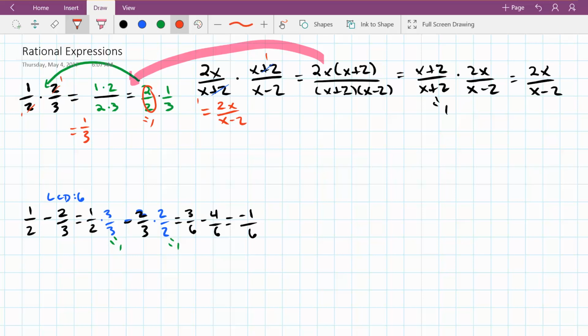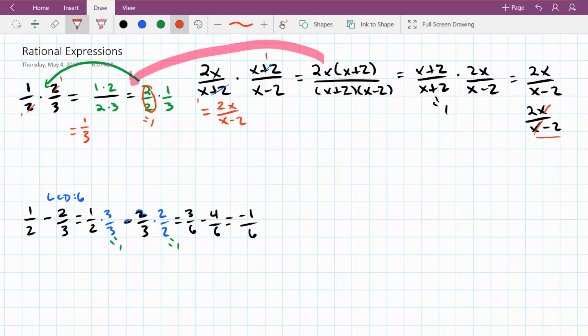Really quick, a common mistake is many students see these x's and they want to try to cancel. Let me go ahead and write this one more time. Many students I see trying to cancel these x's, and that doesn't work. Canceling only works with multiplication, and right here I have this x minus 2.